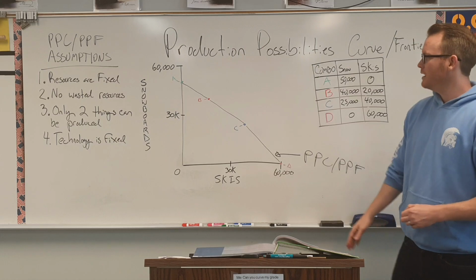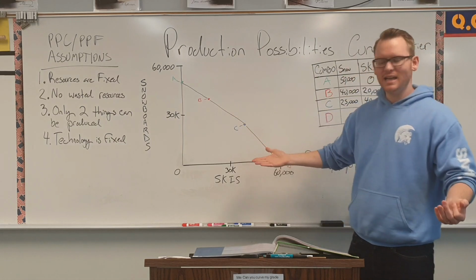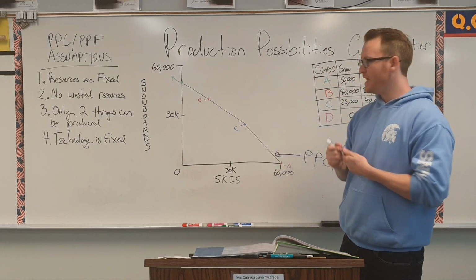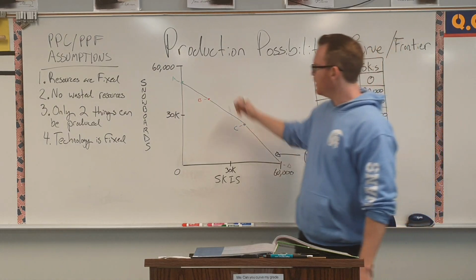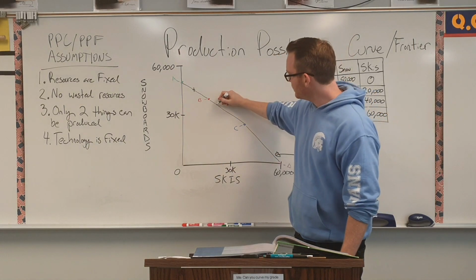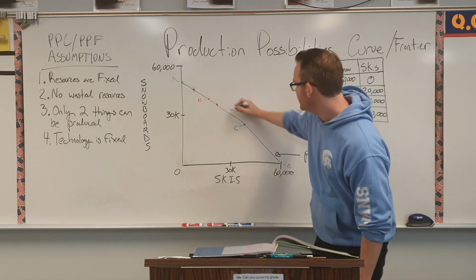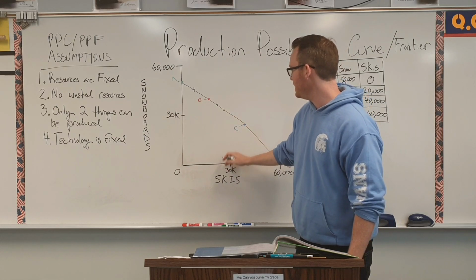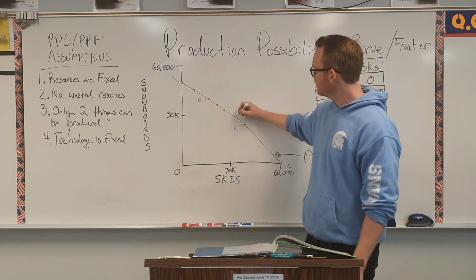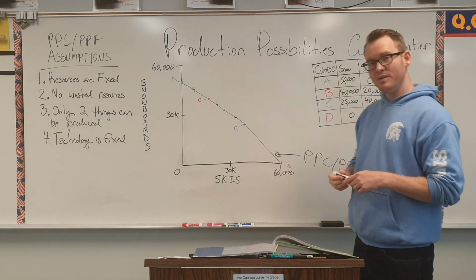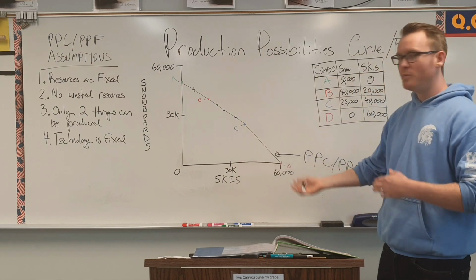All right, so why do we even have this curve? Why does that even matter? The reason it matters is because at any point in time, we can produce this amount. Let's say we produce 30,000 snowboards and 28,000 skis. Why this is useful is you could see what the demand is for different snowboards or skis.